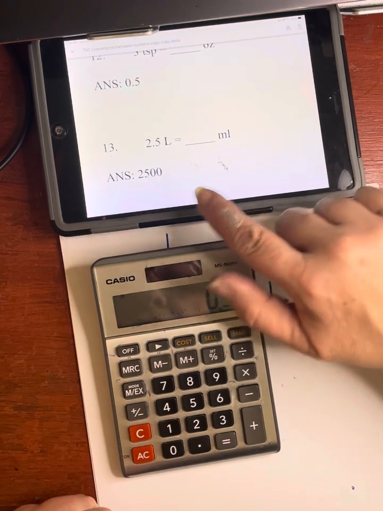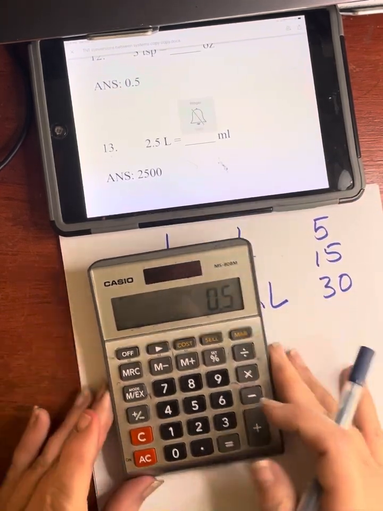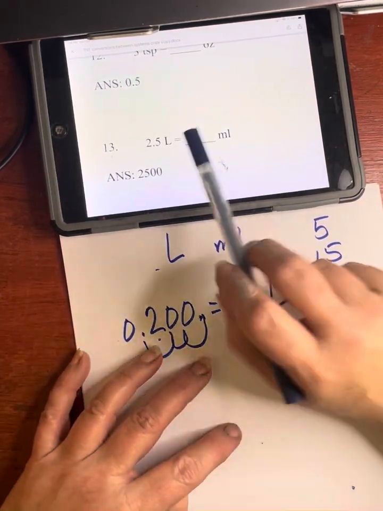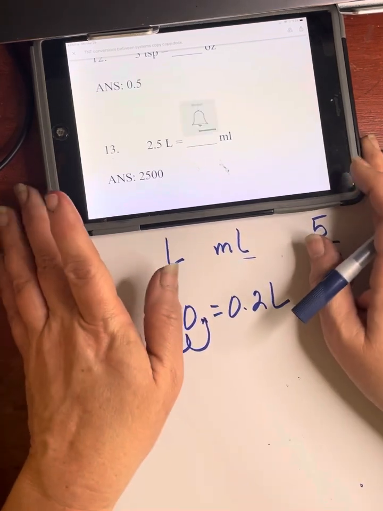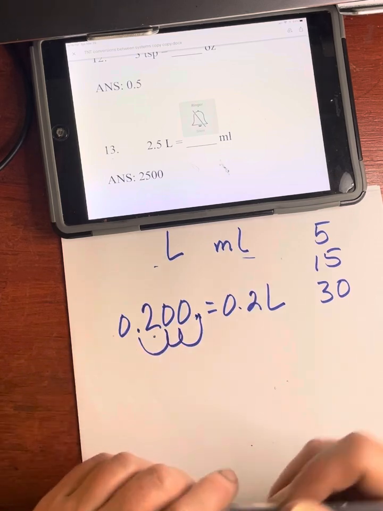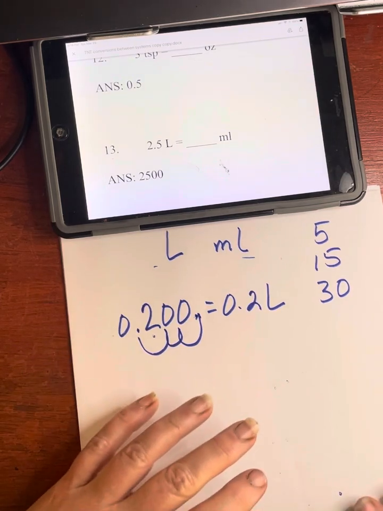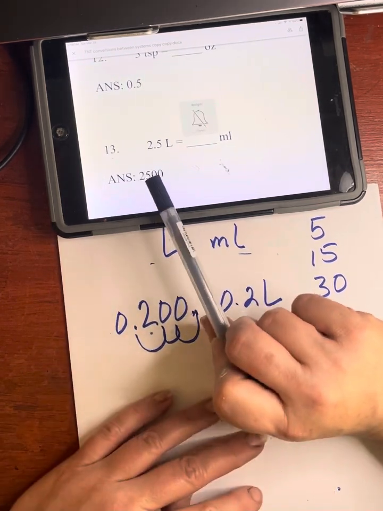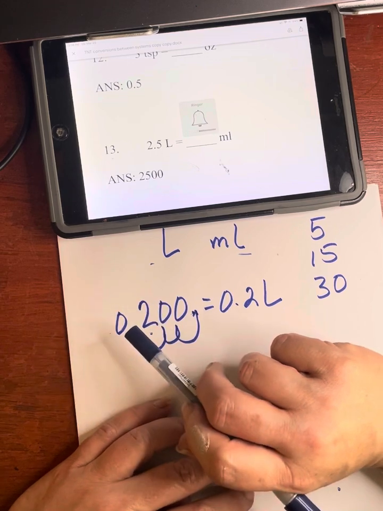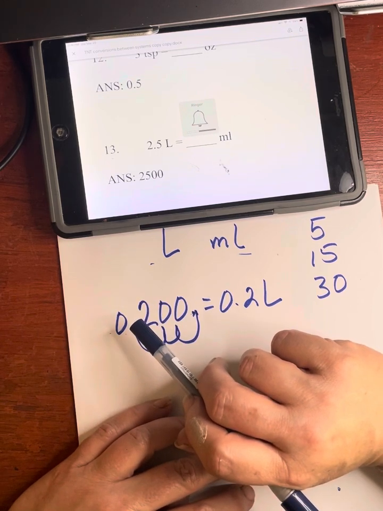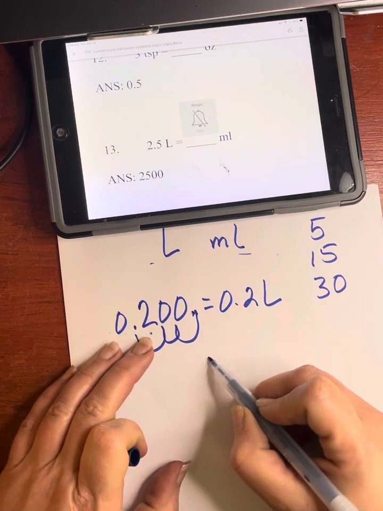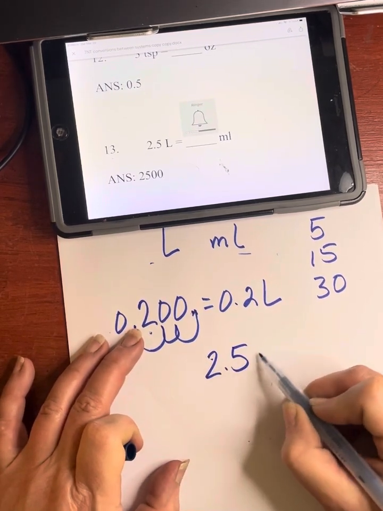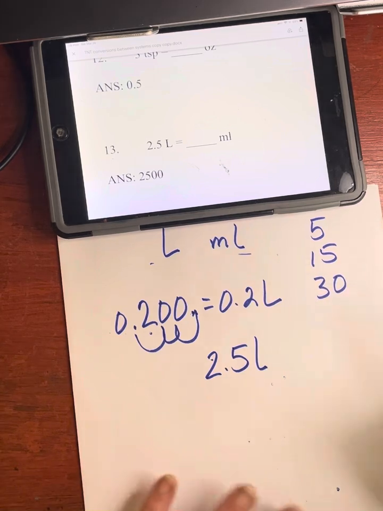Okay, and then look, 2.5 liters. 2.5 liters is how many milliliters?